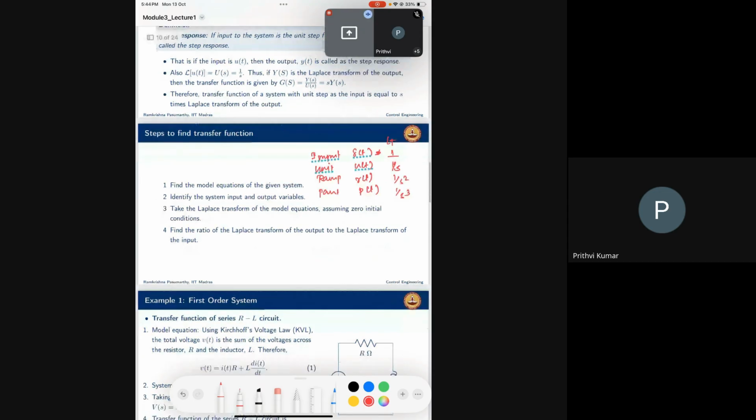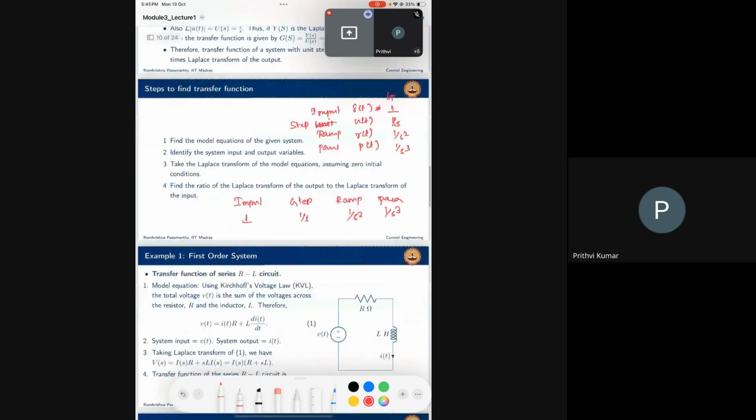And also we have some intricate connection between these: impulse, step, ramp, parabola, right? So we have 1, 1 by s, 1 by s square, 1 by s cube. So when will you get 1 by s? Earlier, we saw L di by dt.